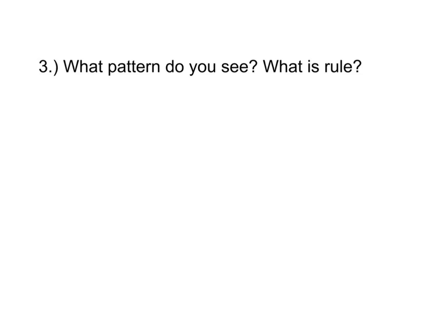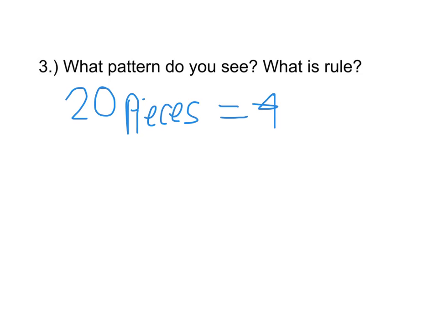So, when we looked at the improper fraction version, we had 20 total pieces. And I had 4 cakes. And I had 5 pieces per cake. So the 20 pieces came from the 4 cakes times the 5 pieces per cake. I also know that 3 was my denominator.